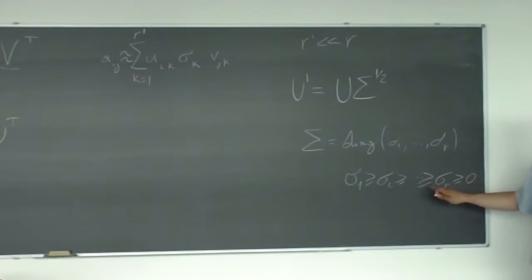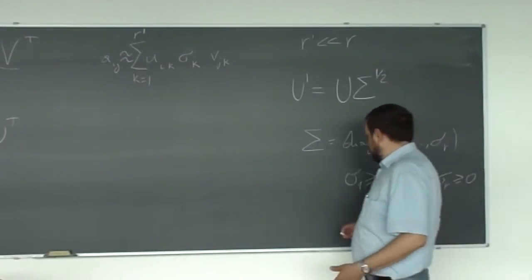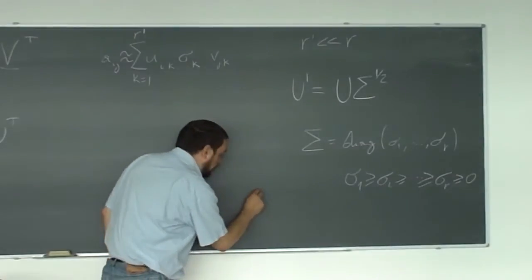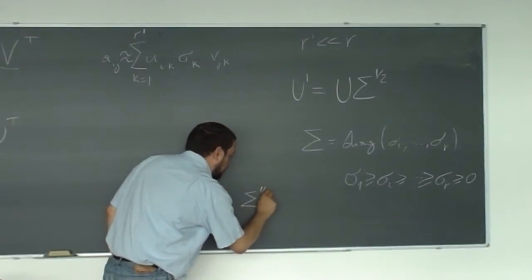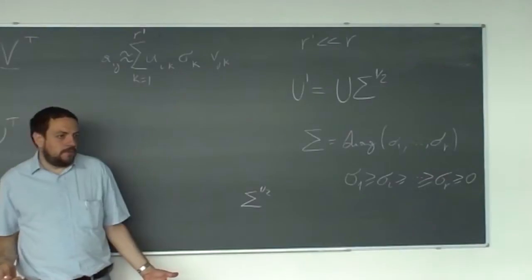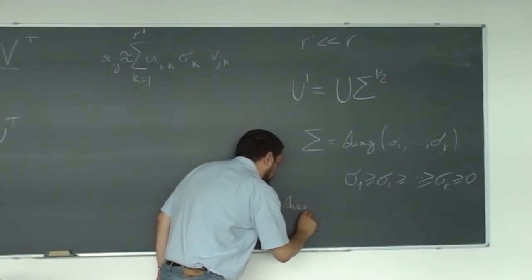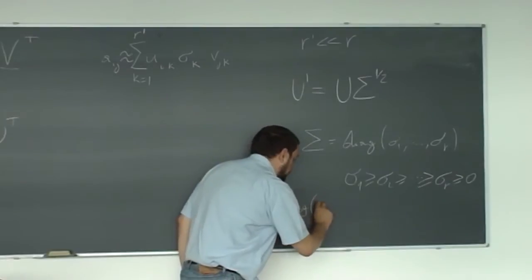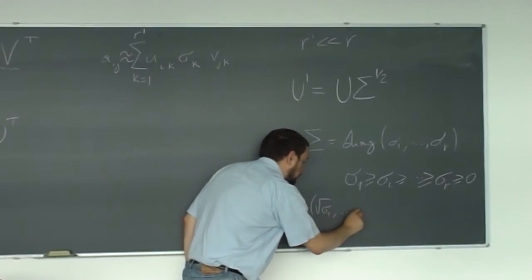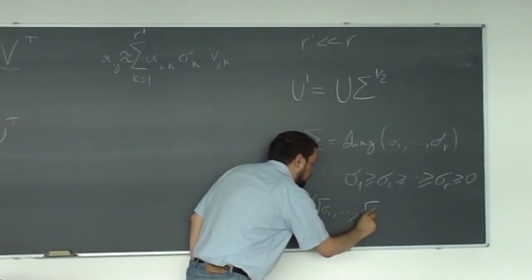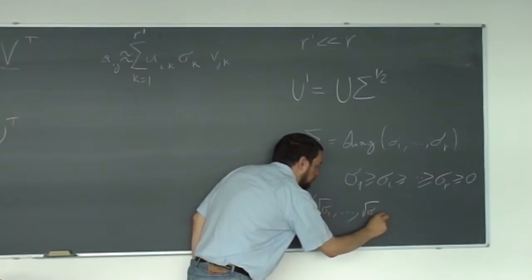They are all non-negative. So actually, we can define matrix square root of sigma by taking simply the diagonal matrix with square root of sigma 1 up to square root of sigma r.